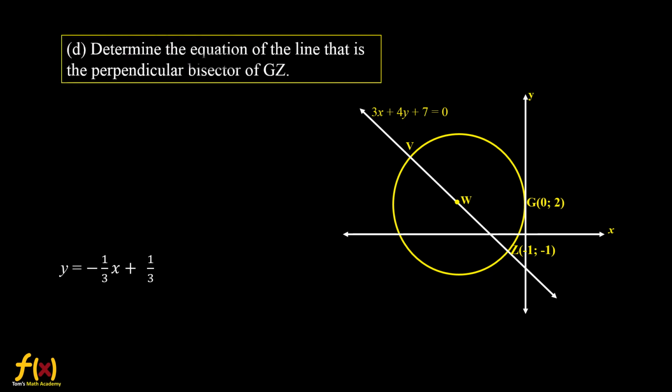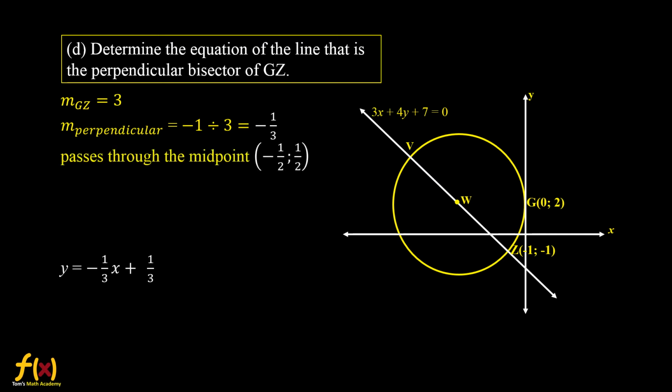Question D. Determine the equation of the line that is the perpendicular bisector of GZ. The perpendicular bisector passes through the midpoint. The gradient of GZ is 3, so the gradient of the perpendicular will be -1/3.